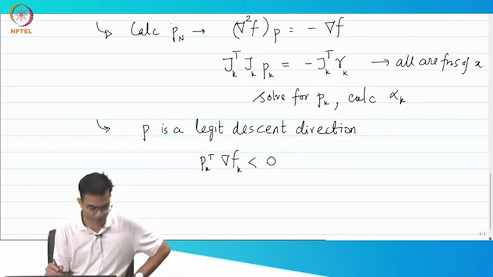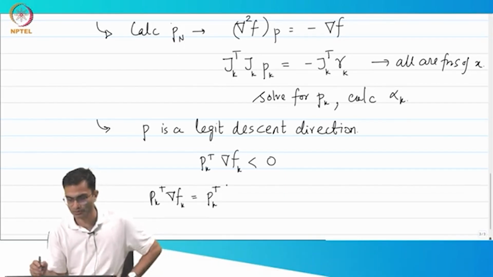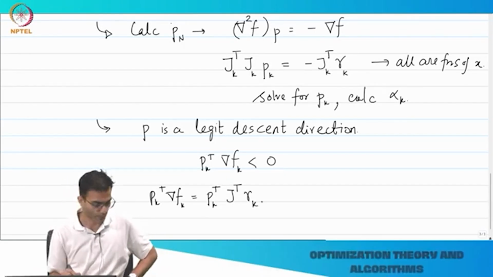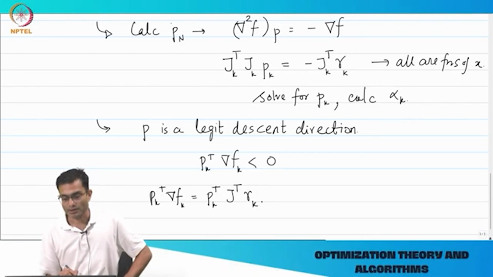Now if I substitute what I know of grad f, this is pk transpose J transpose rk.